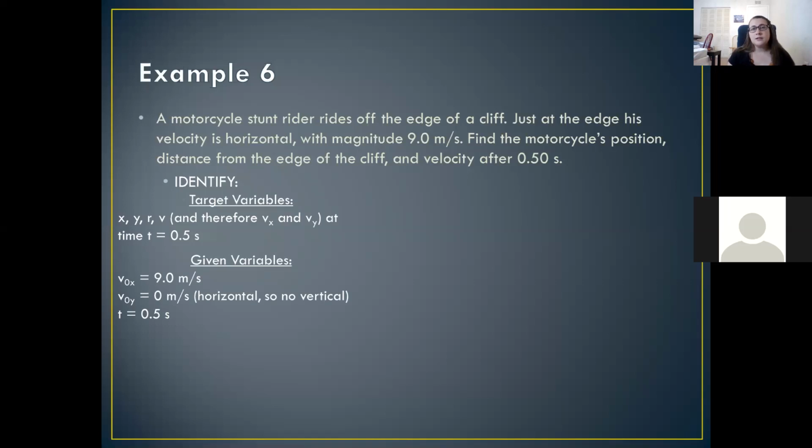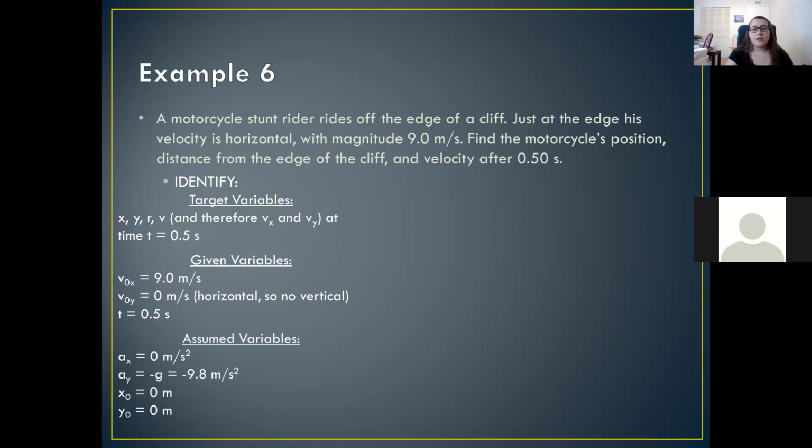So whenever we see keywords like that, it's important to take note of what those things are hinting at. If something is moving just horizontally, that means it's not moving up or down at all. So its initial y velocity is 0 because it's just moving horizontally, not vertically at all. And again, we're given the time, 0.5 seconds.